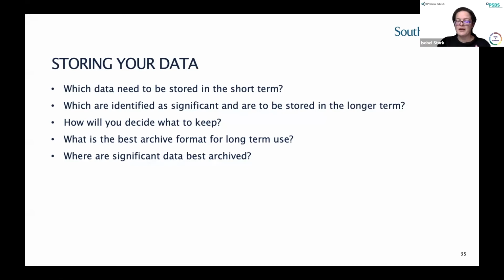Is it possible to get the results out of that into a more archival format later down the line? Something you've probably not needed to think about before, but it is useful to just have that in the back of your head about, you know, if I needed to look at this data again and I didn't have access to that software anymore, you know, could I?